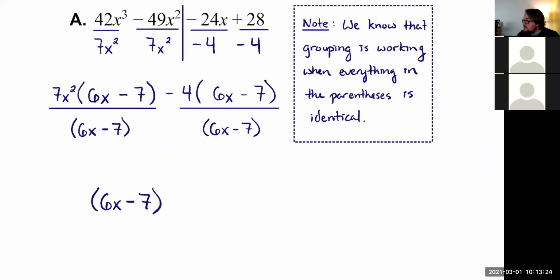Now, the division initially seems intimidating until you think about the fact that earlier when we did x divided by x, we said it's gone. x squared divided by x squared, they're gone. Well, 6x minus 7 divided by 6x minus 7 eliminates, leaving me with 7x to the second from the first half.